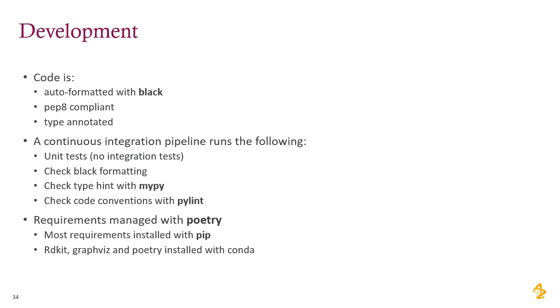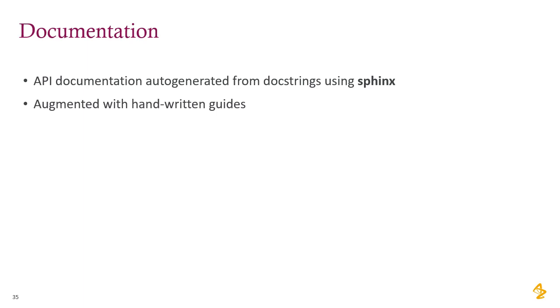Graphviz is not, of course, installable by pip because that's just binaries, so we might still need Conda for that in the future. The documentation: we have API documentation auto-generated from the docstrings using Sphinx, and we augment this with handwritten guides.